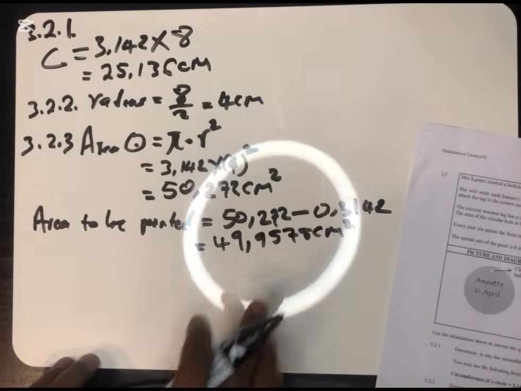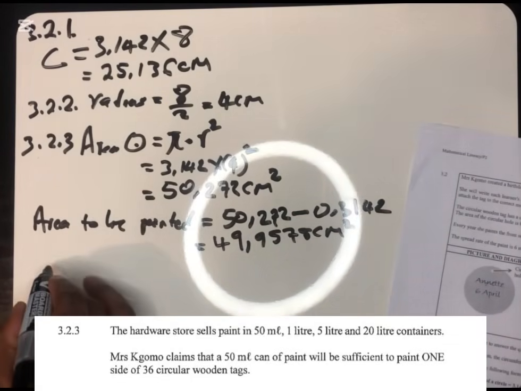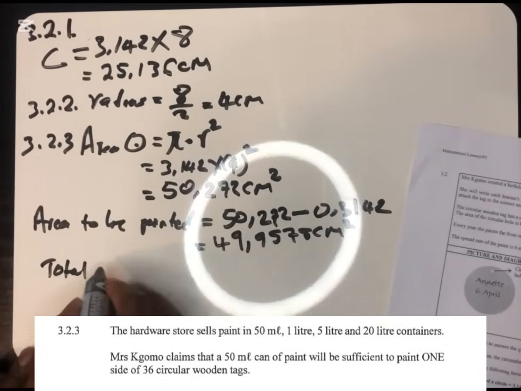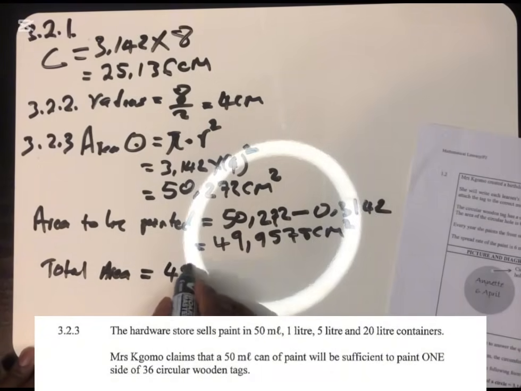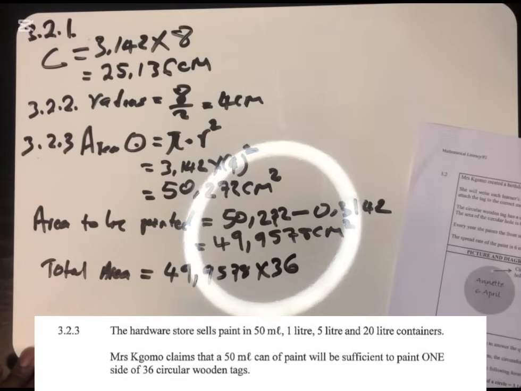But don't forget, this area is for one circular tag. And now she talked about 36 of them. So the total area is going to be 49.9578 multiplied by 36, because there are 36 circular tags that need to be painted.